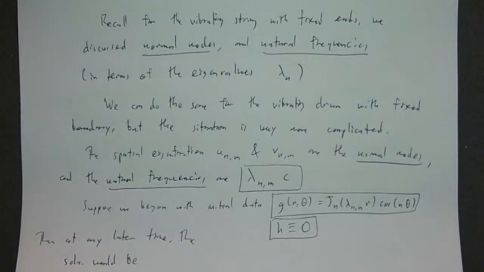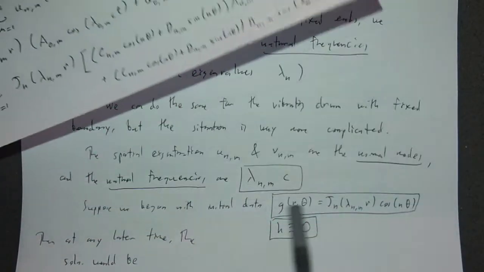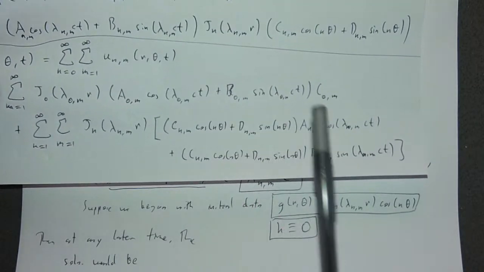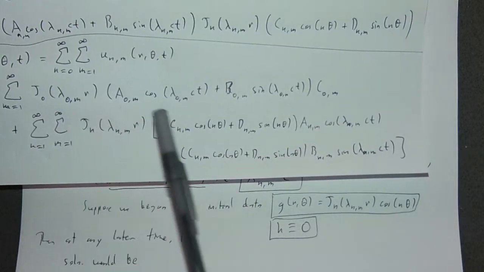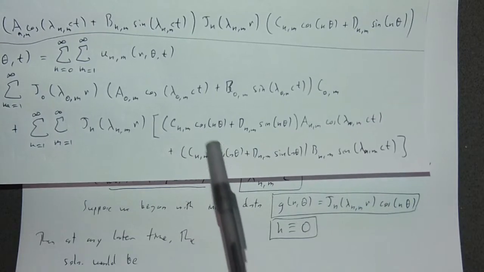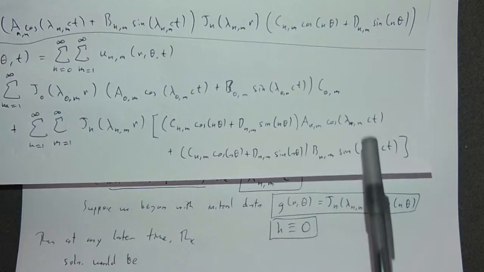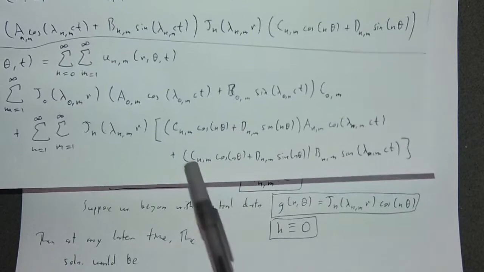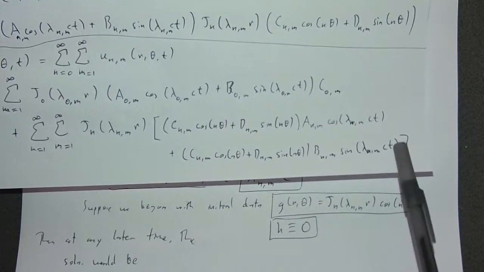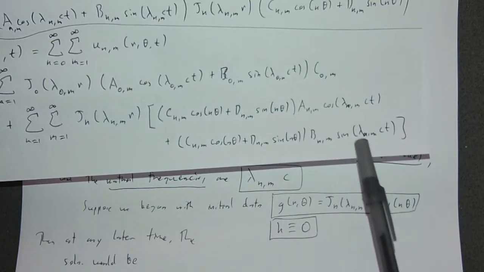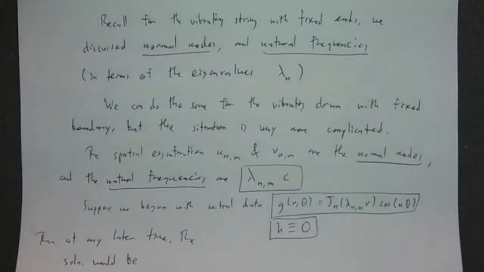And so what I end up getting in this expression is that this is orthogonal to everything except the thing that it matches, which is going to come about on the sine of lambda nm ct term here. It's going to be cosine of n theta times sine of lambda nm ct, right?